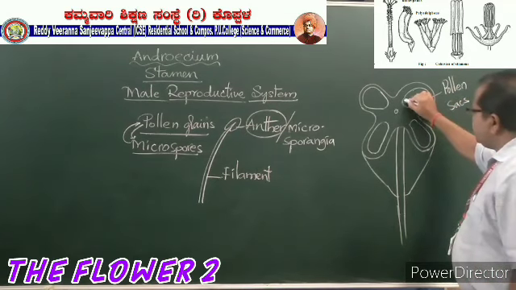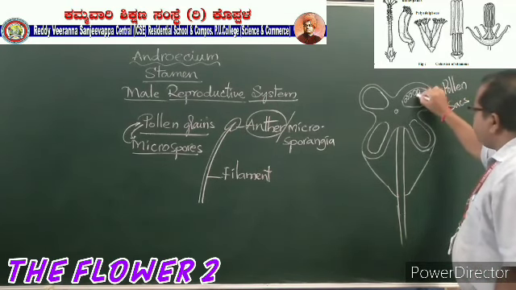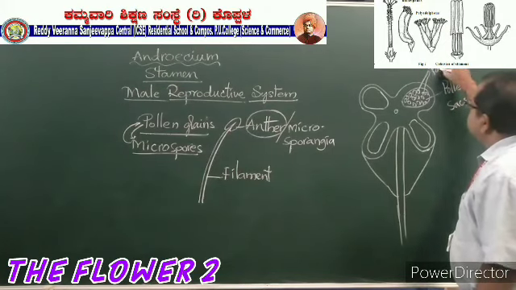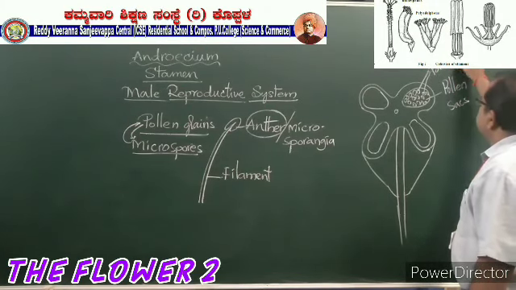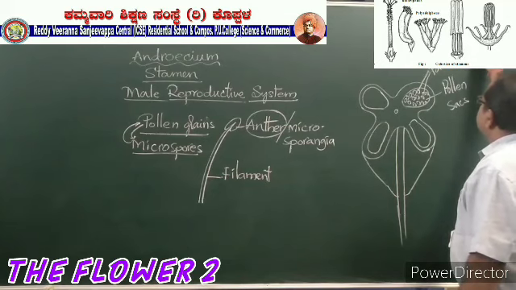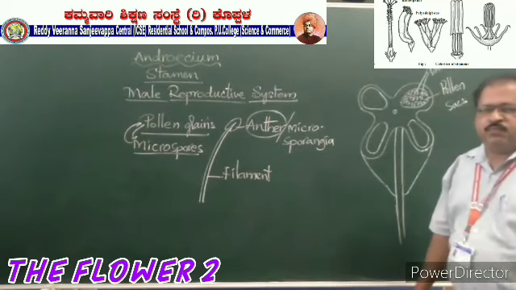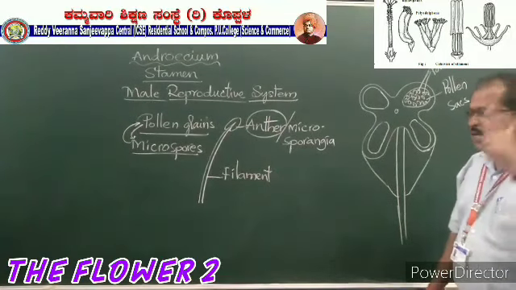These pollen sacs have microscopic ball-like structures called pollen grains, or microspores. Pollen grains are also called male gametes.